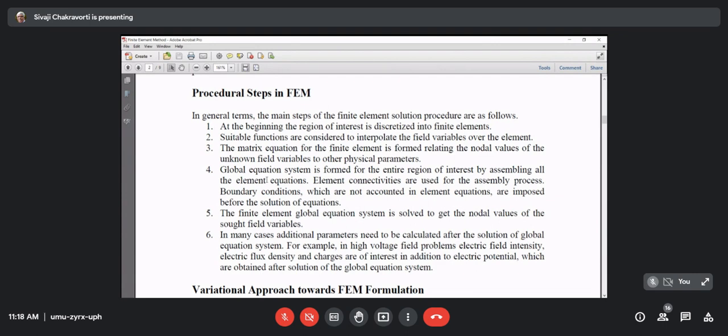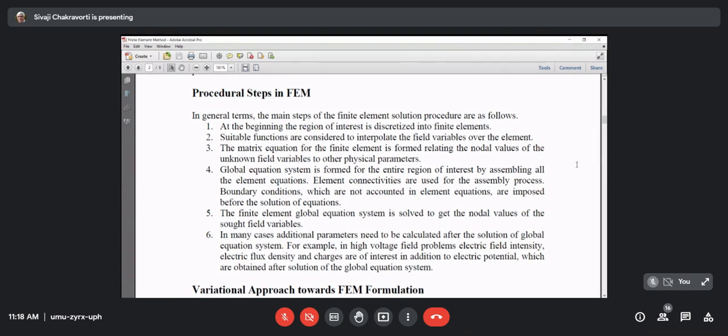Once again, these triangular mesh generators are so popular nowadays that we have very powerful mesh generators. So we use those mesh generators and we discretize the region of interest. Then suitable functions are considered to interpolate the field variable over the element.